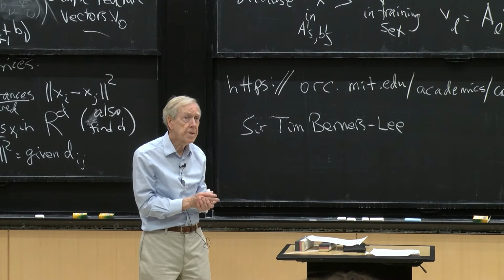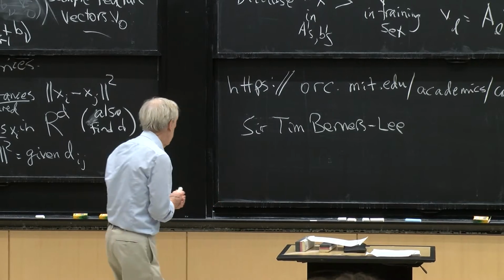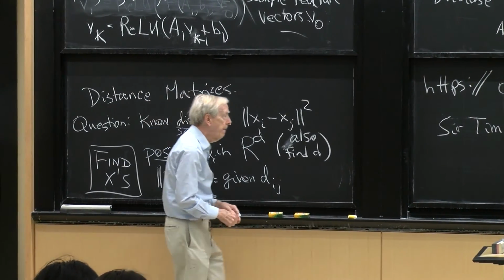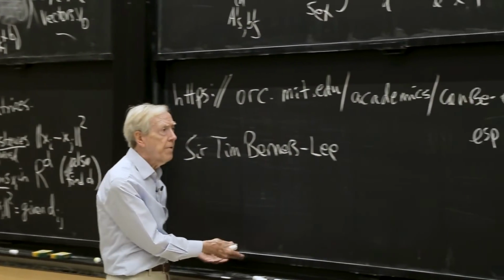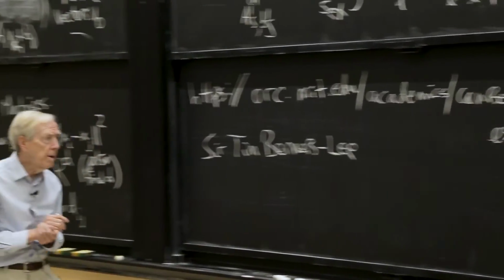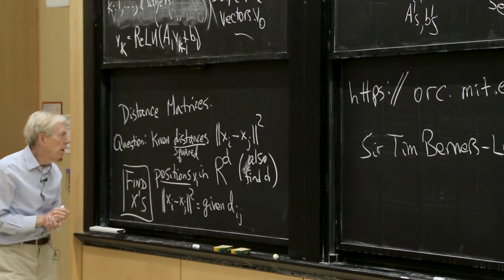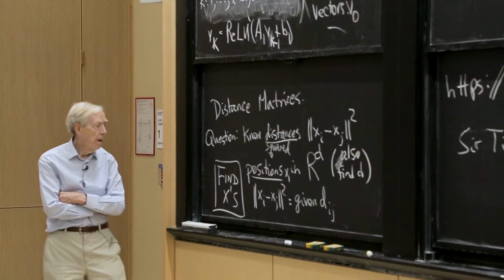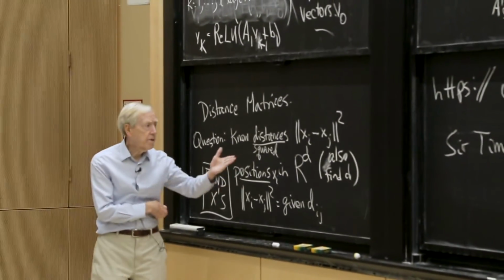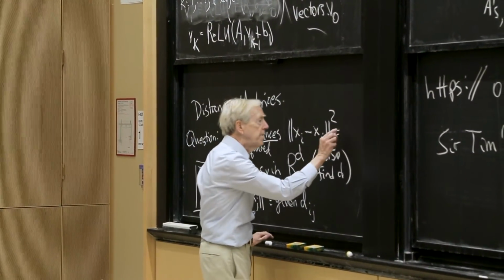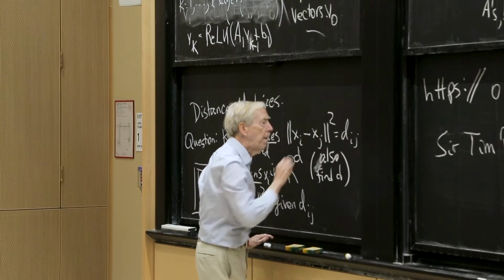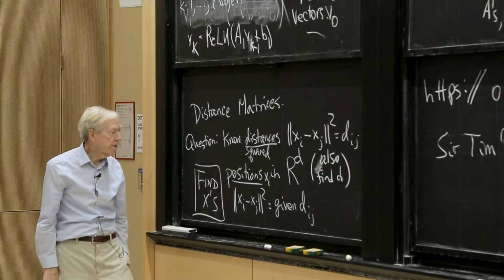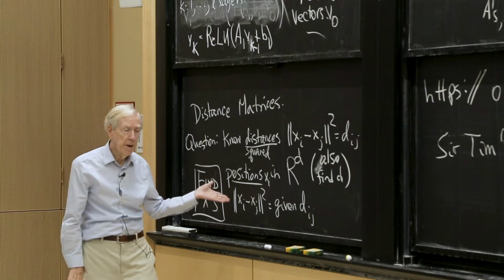Back to distance matrices. Okay, so here's the problem. We know these distances, and we want to find the x's. So let's call this d_ij maybe. So we have a D matrix, and we want to find a position matrix.